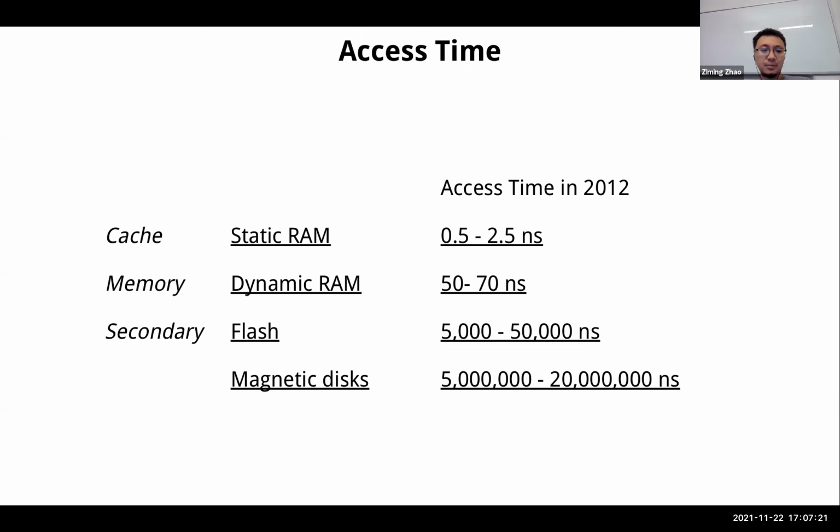If it accesses the same data from main memory, the DRAM, it will take 50 to 70 nanoseconds. That's like 100 times slower. If you access flash, it will be even slower, or a magnetic disk, your hard disk, it could be quite slow.